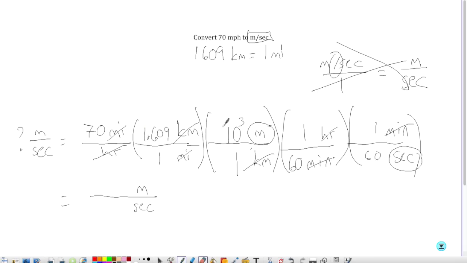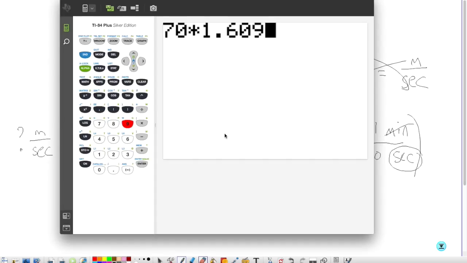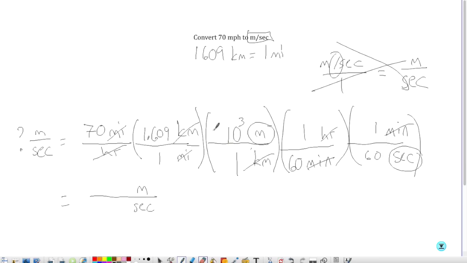Now, when I put this into my calculator, I can put this in as either E3, second E3, or I could have put it in as 1 E3, because remember, this is really the same thing as saying 1 times 10 to the third, okay?